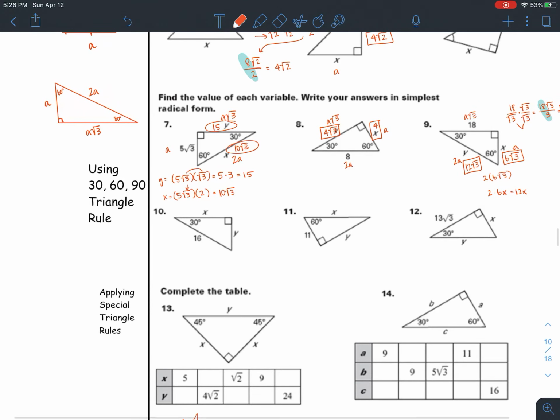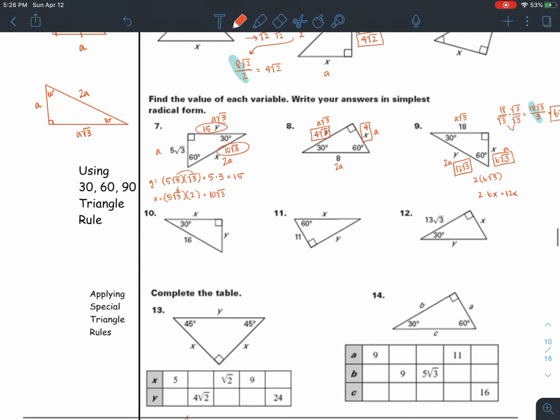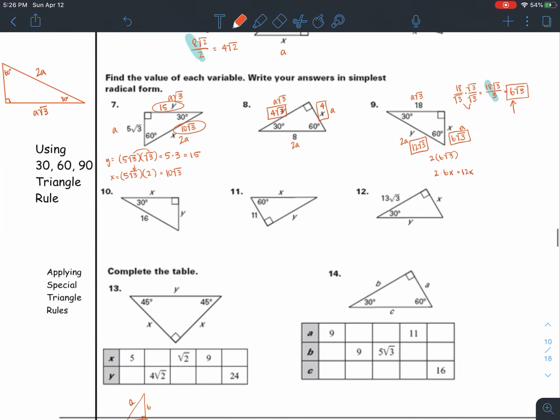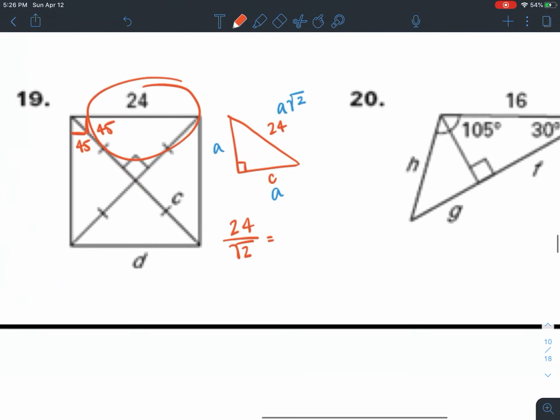And whenever we're working with our 30, 60, 90s, if I'm dividing by a root 3, well, my 18 got divided by 3 to give me this 6, and I attached the root 3. So if we follow that same pattern here, then I'm going to divide by what's under the house. So 24 divided by 2 is 12, and I'm going to attach that root 2 to the end of it.